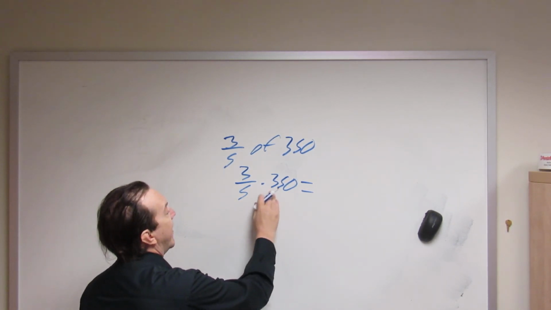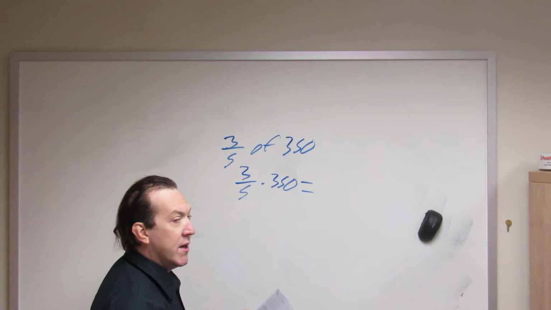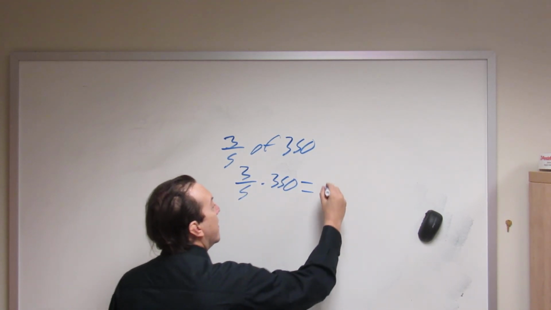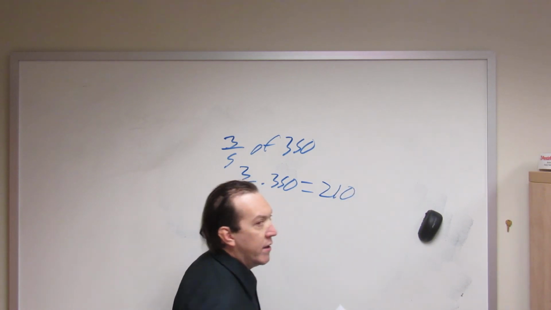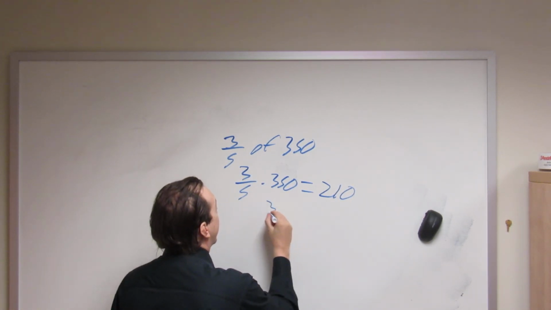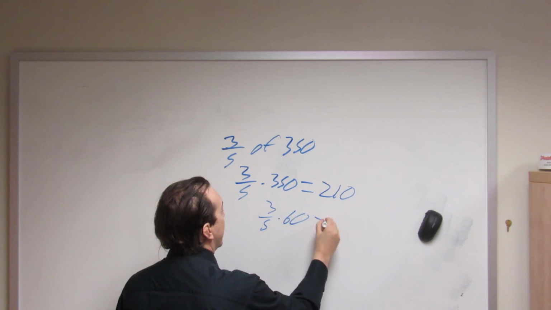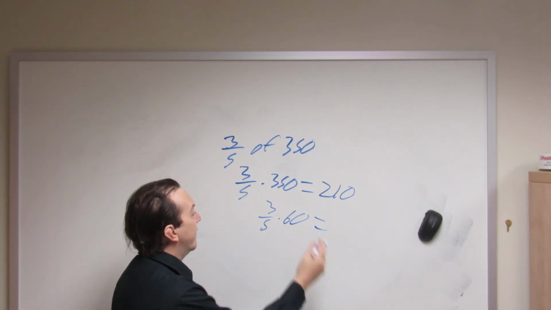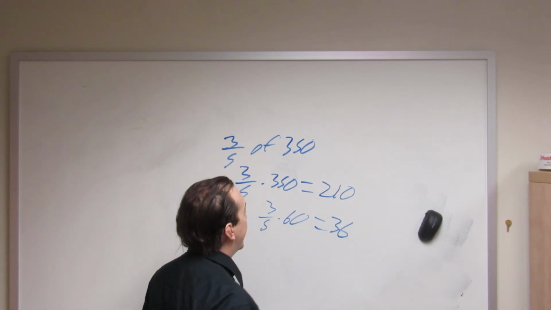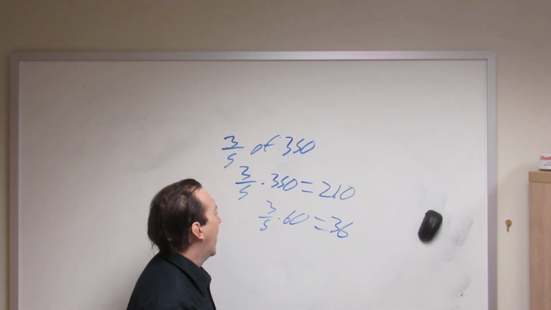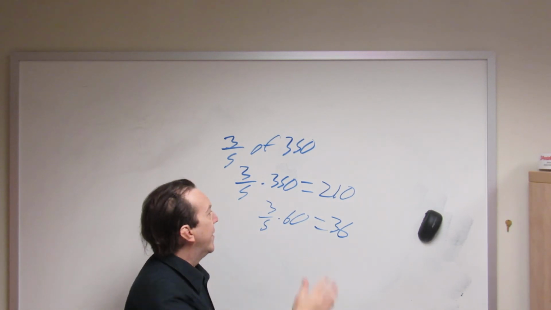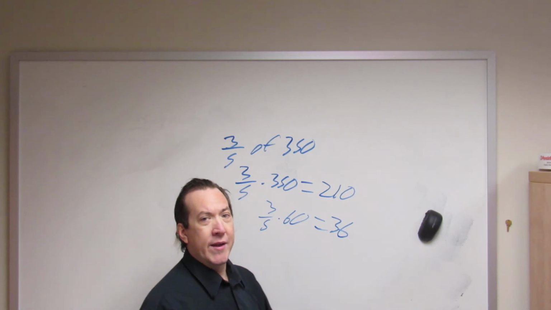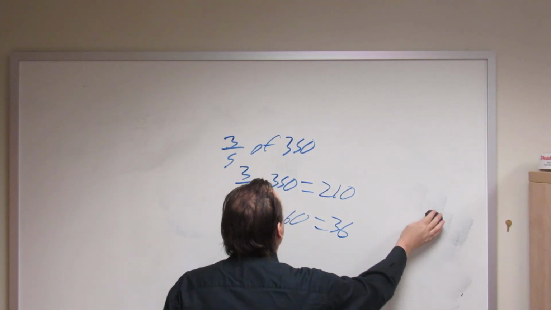So when we do that, 5 will go into 350 70 times. 70 times 3 is 210. If we did 3/5 of 60, we would just say 5 into 60 is 12 times 3 is 36. It doesn't matter, but I do want to do the big number because the number that's on the test is a 3-digit number.